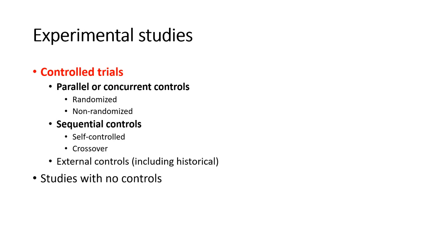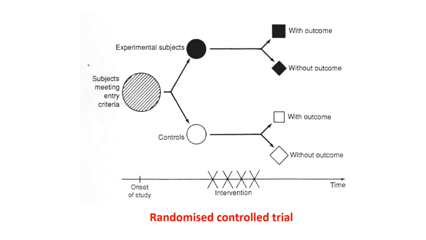So these controlled trials can have parallel or concurrent controls or sequential controls. And I'd like to give you an example. So this is a classic randomized controlled trial where you have a body of subjects and you randomize them to receive an experimental treatment or no treatment. So let's take, again, the COVID example.